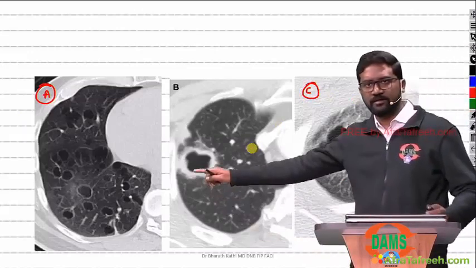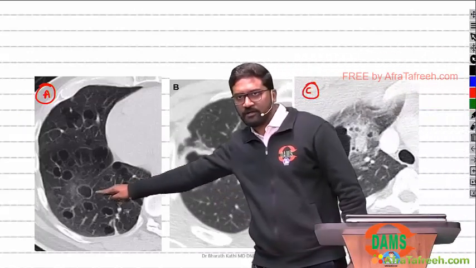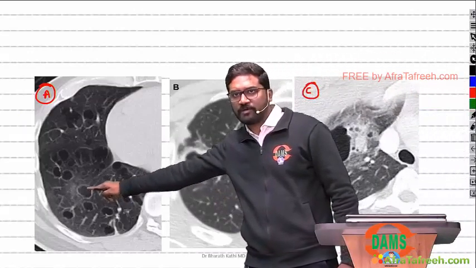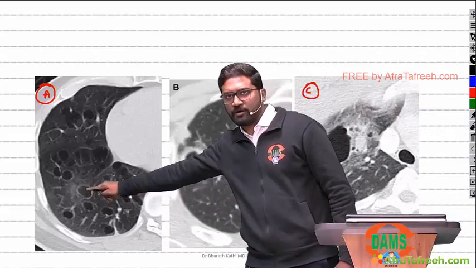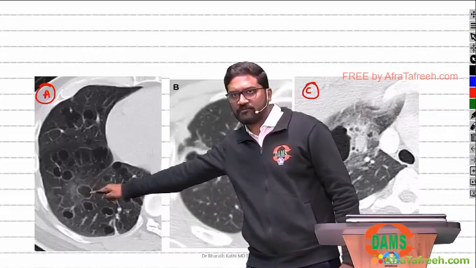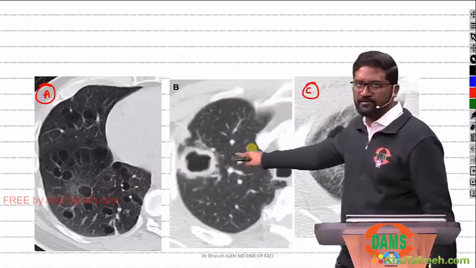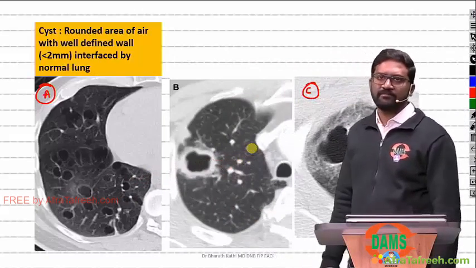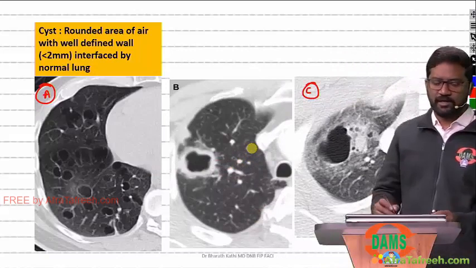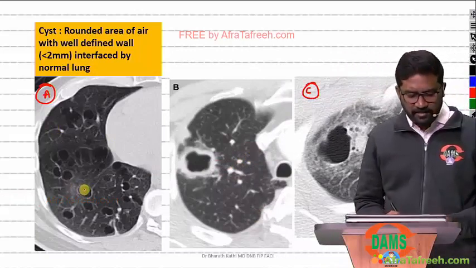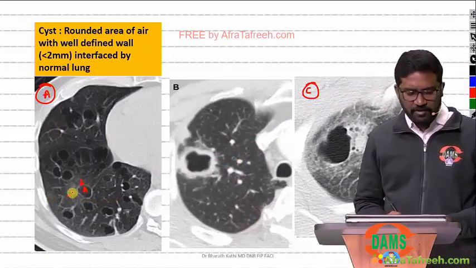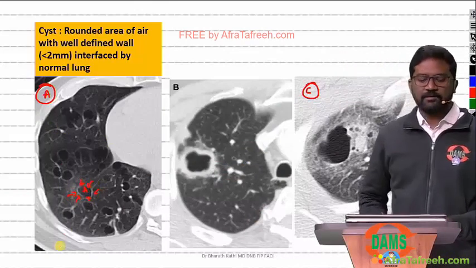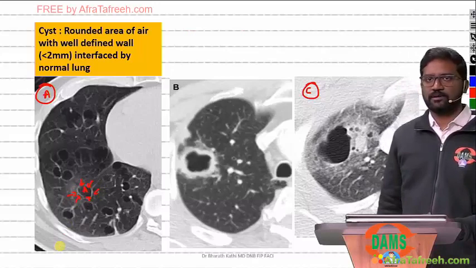Image A is actually a cyst. So in a cyst, there will be an air-filled area, and around that you can also see a well-defined wall, but the dimensions of the wall will be less when compared to a cavity. So a cyst is a rounded area of air with a well-defined wall, and generally the dimensions will be very small compared to a cavity.